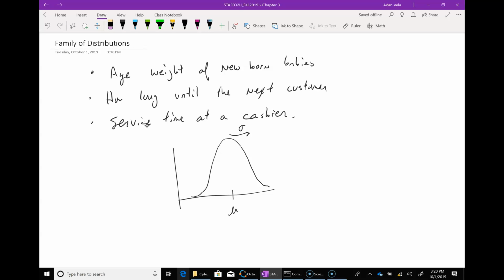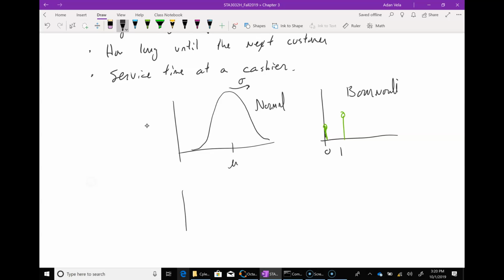Okay. The other one that we just defined is a Bernoulli variable, right? So we'll have some probability of 0 and some probability of 1. Some other really common ones, and I'm going to do my best to draw it, but I'll probably do it badly.